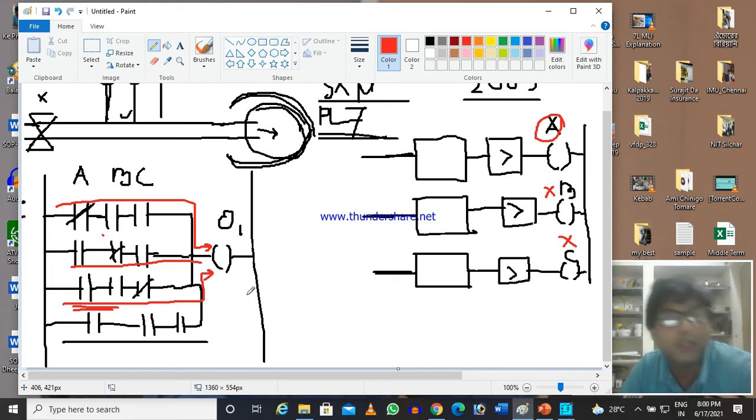Okay, so now you see from here it is very clear that if any two out of three are getting actuated, then also this system will work satisfactorily.